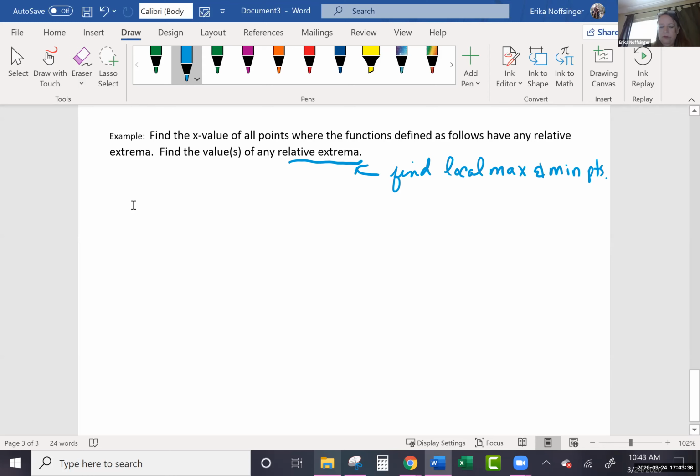Okay, so we need an equation. So let's say f of x is equal to x cubed plus 3x squared minus 24x plus 2.